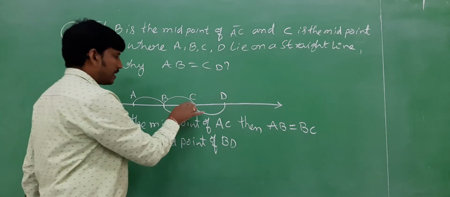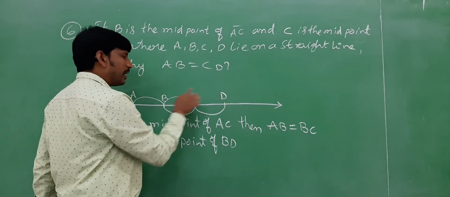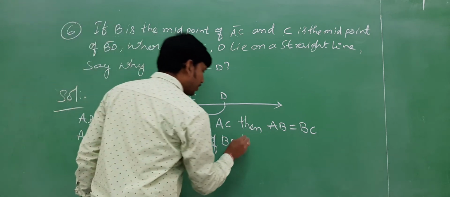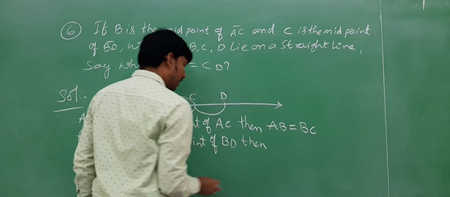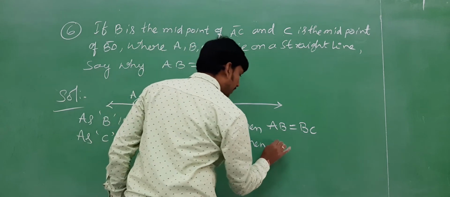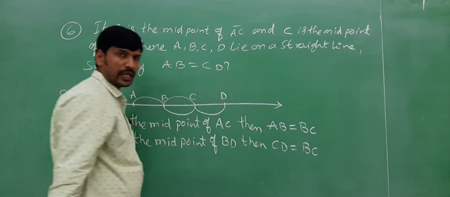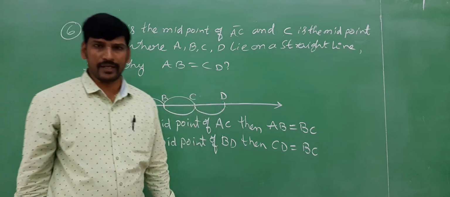Because C is the midpoint, this divides the BD line segment into 2 equal parts. So then CD is equal to BC, or you can write BC equal to CD also.